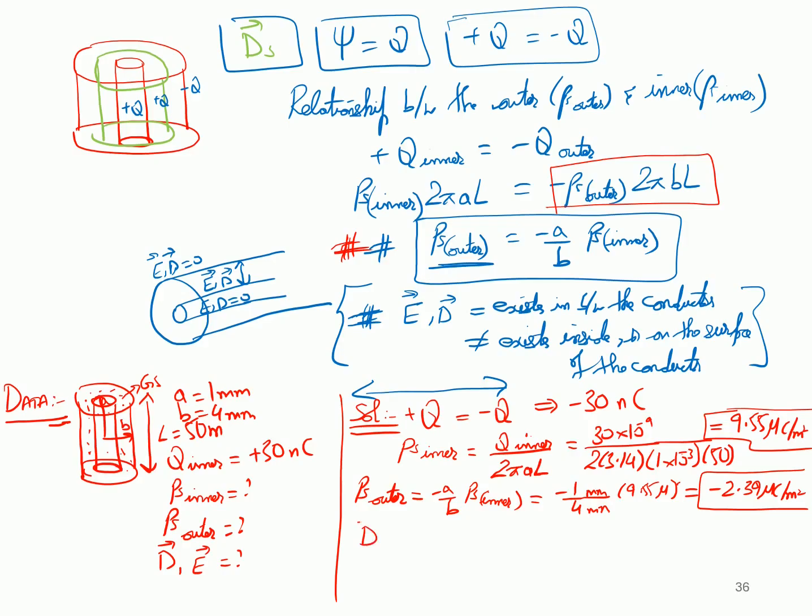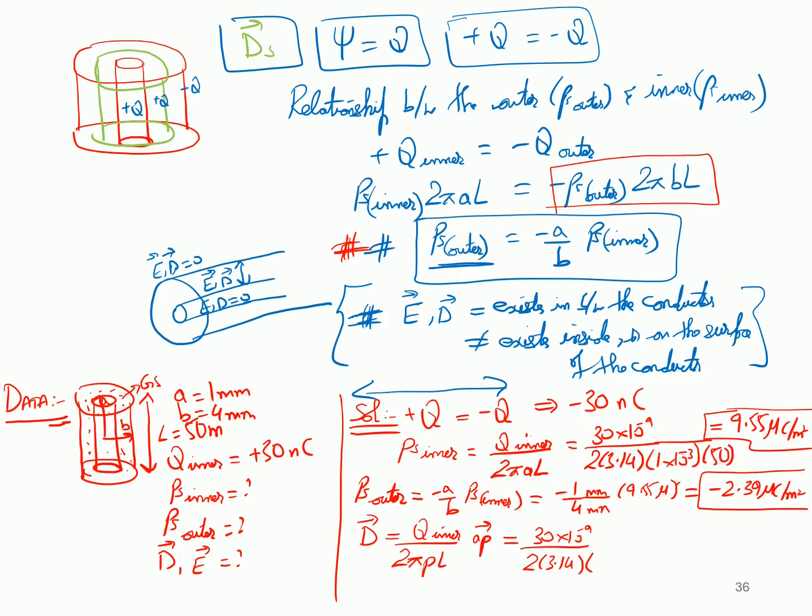So we know that the electric flux density is going to exist between the charges, and since this is a line charge distribution, I can use the equation Q inner divided by 2 pi rho L, along a rho. So the value comes out to be: the charge is 30 into 10 raised to power minus 9 divided by 2 into 3.14.